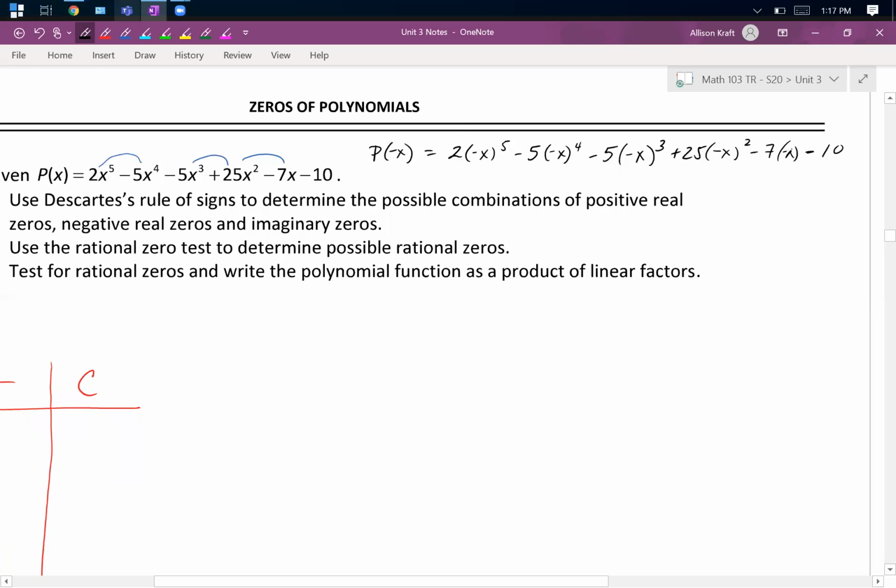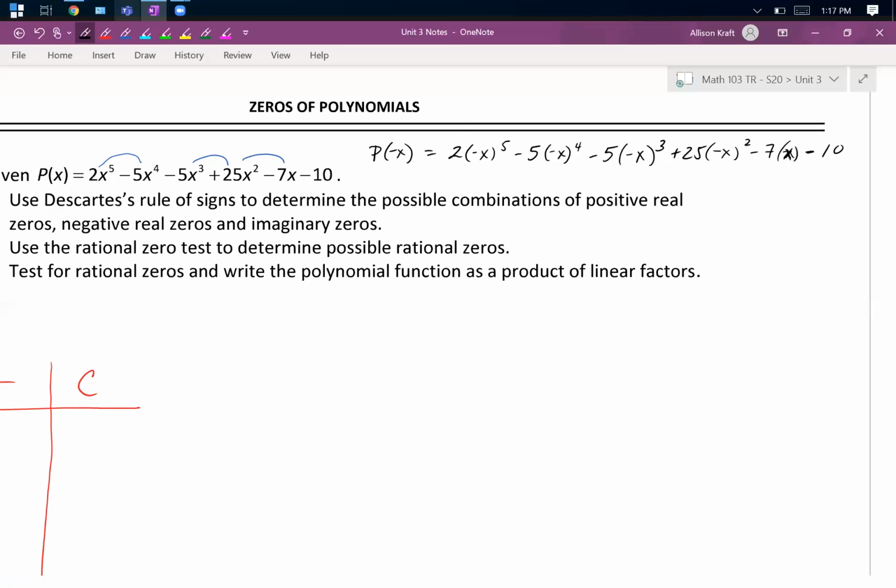Because of the whole even odd rule, when we raise the negative to an even power, it turns positive. And then when we multiply it by the coefficient, we're going to get whatever the sign of the coefficient was. When you take the negative and raise it to an odd power, you get a negative, and then you multiply it by the coefficient, so you end up with the opposite of the coefficient.